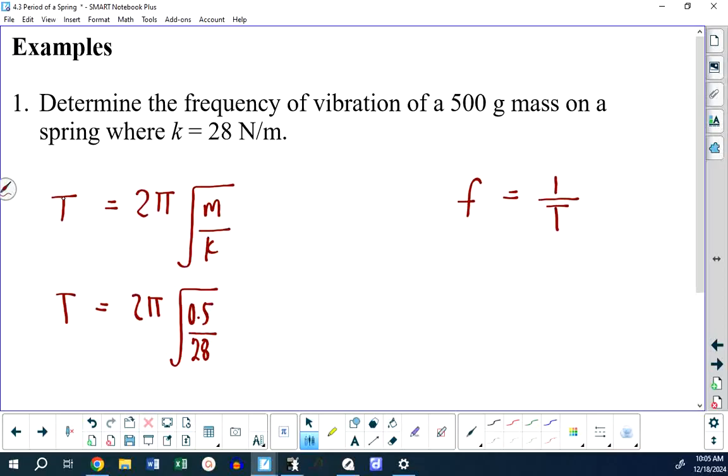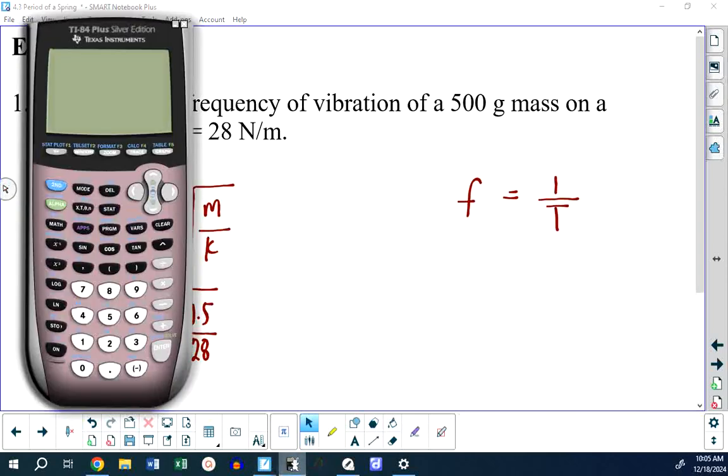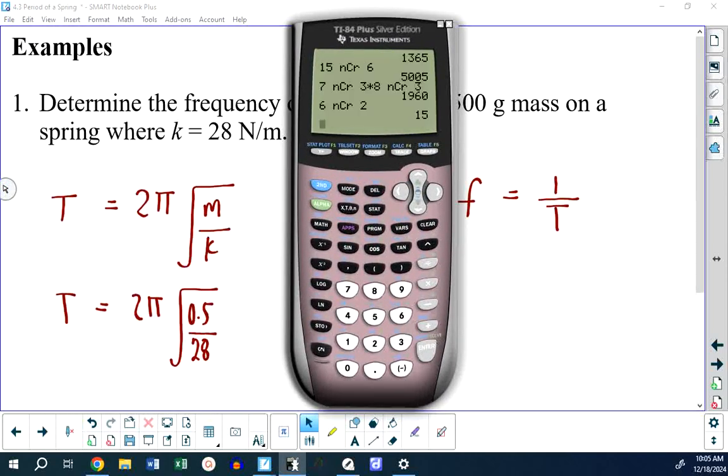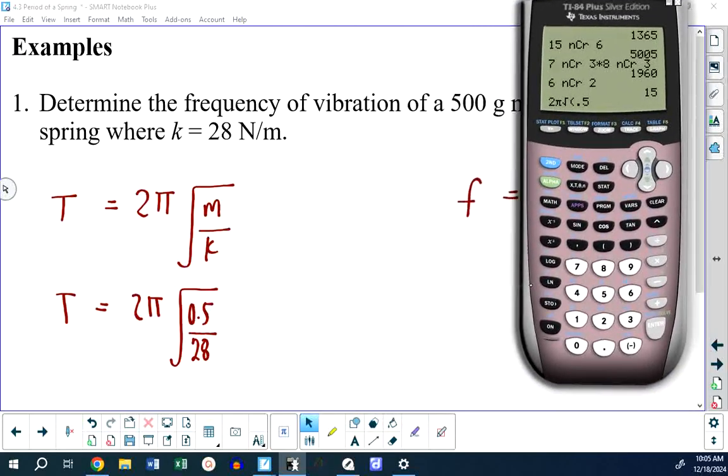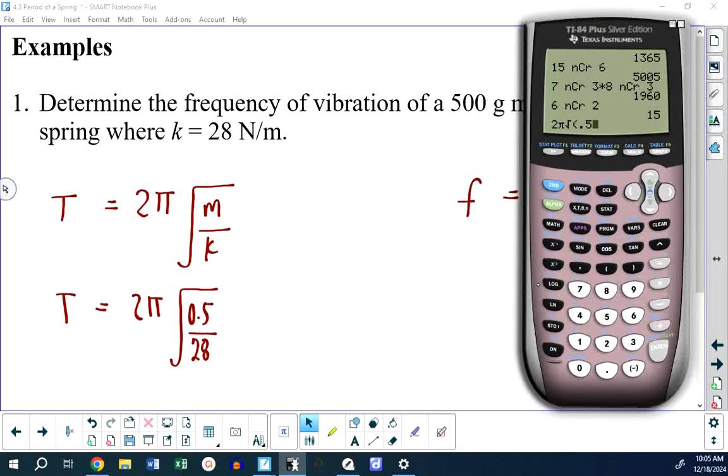So you need to take your calculator and figure out what this is going to be equal to. Two times pi times the square root of the mass, which is 0.5. It's 0.5 because 500 grams divided by 1,000 grams per kilogram gives you that, over the 28, and I get 0.84 seconds.